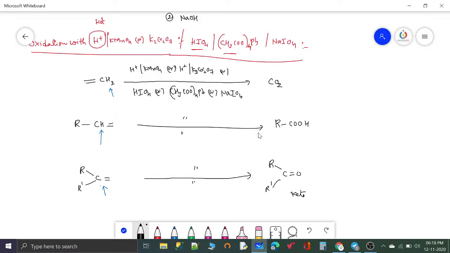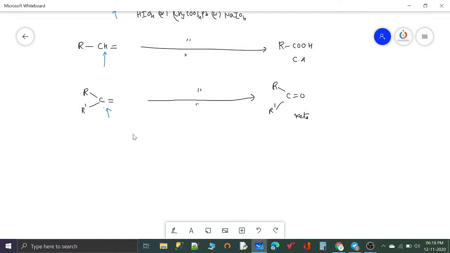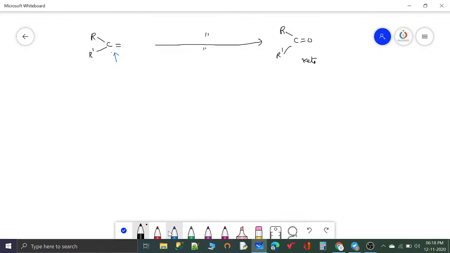Actually the product is aldehyde, but these are the strongest oxidizing agents. The moment aldehyde is formed, it will be oxidized to carbon dioxide. I will take a single example, and you will be able to find the products, so more examples are not necessary.